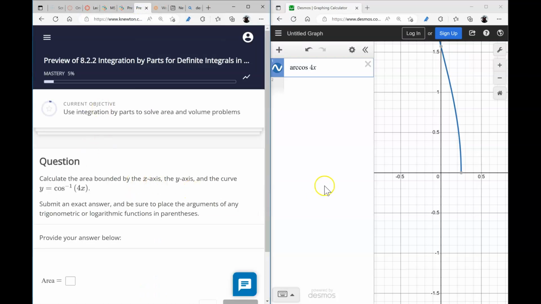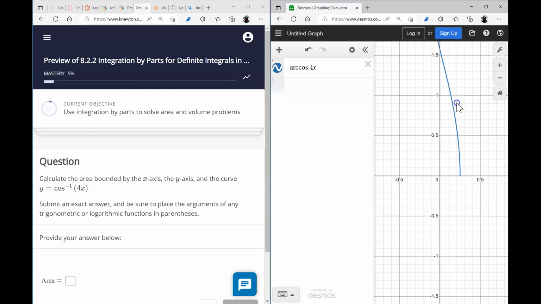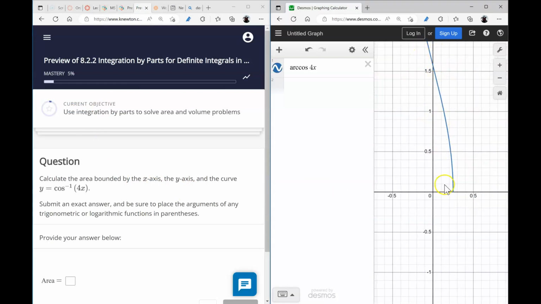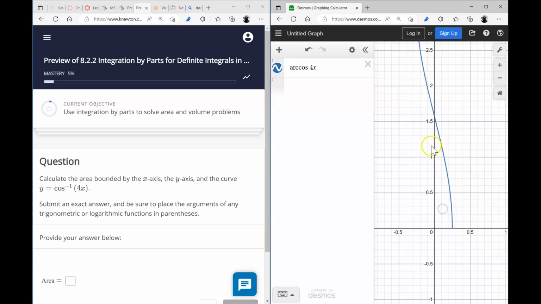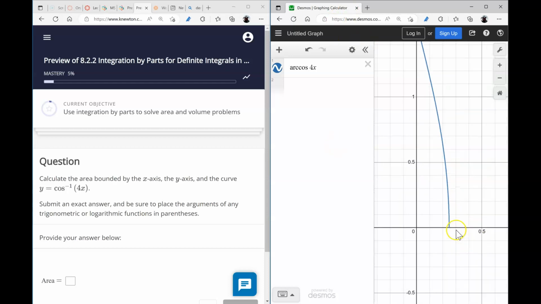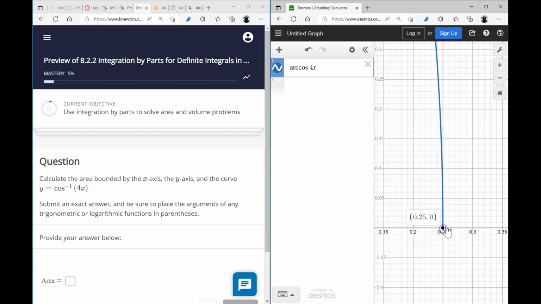So just reading the description, x-axis, y-axis, so we're talking about being bounded right over here, right? So this is the area right over here, the one we were talking about. So to find this area, we may want to know this point, this is 1/4, 0.